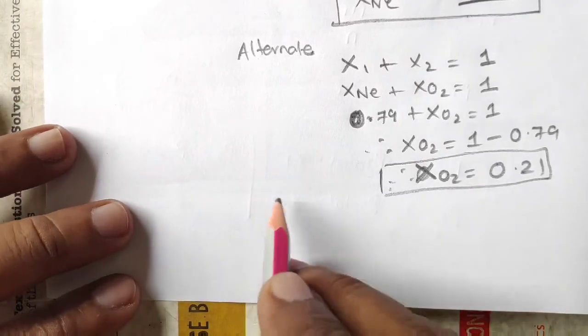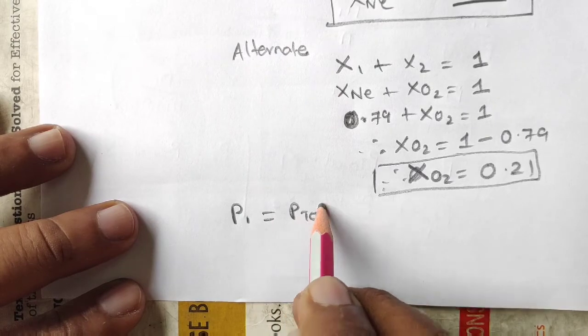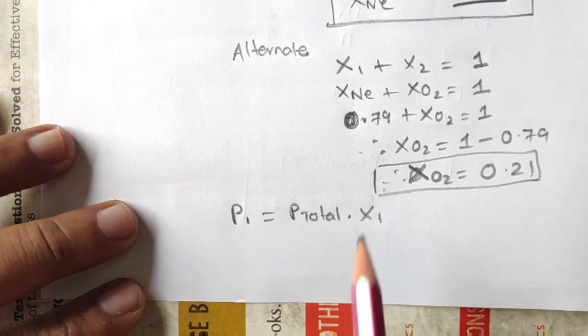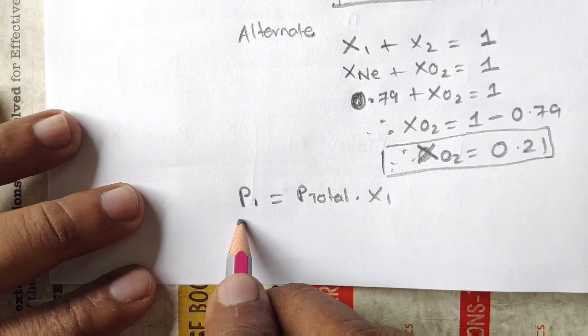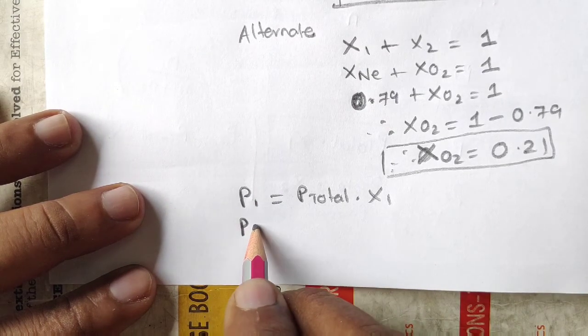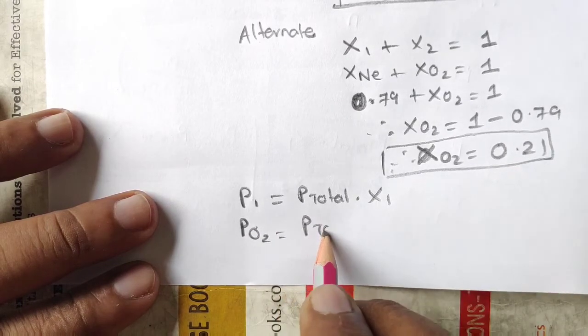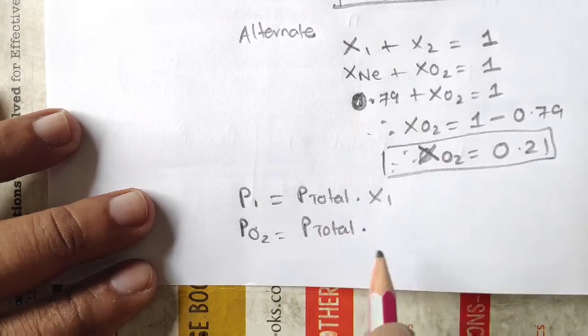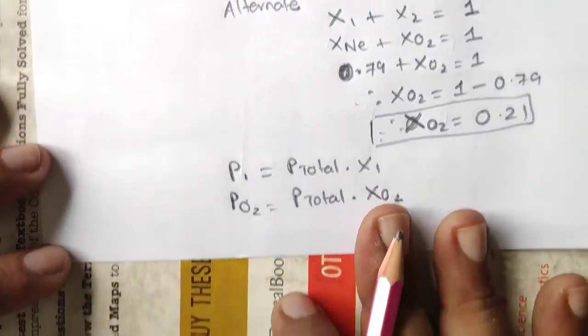Now our formula, if you remember, is P1 is equal to P total into X1. Suppose I take P1 for oxygen, then PO2 is equal to P total into the mole fraction of O2. Understood?